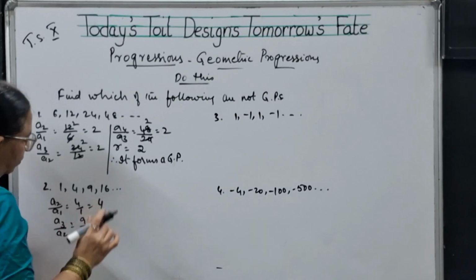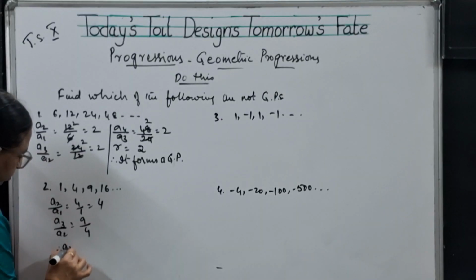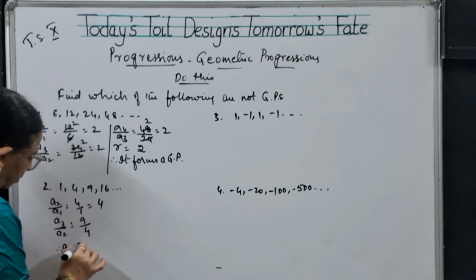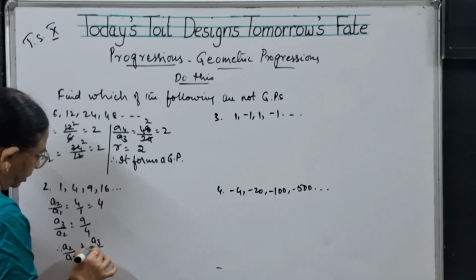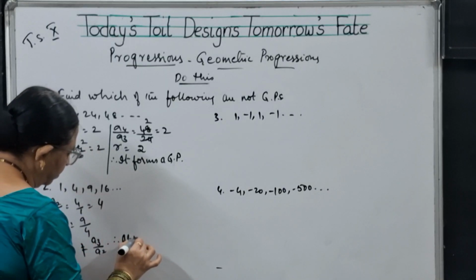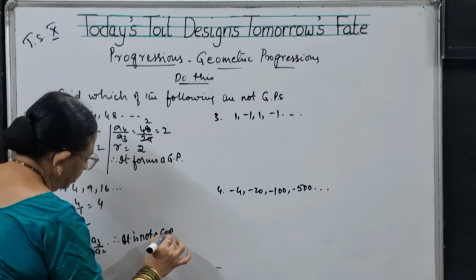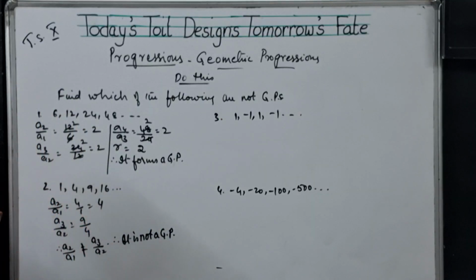You cannot divide it, it is like that only. So what we can say, A2 by A1 is not equal to A3 by A2. Therefore, it is not a GP, because there is no common ratio.